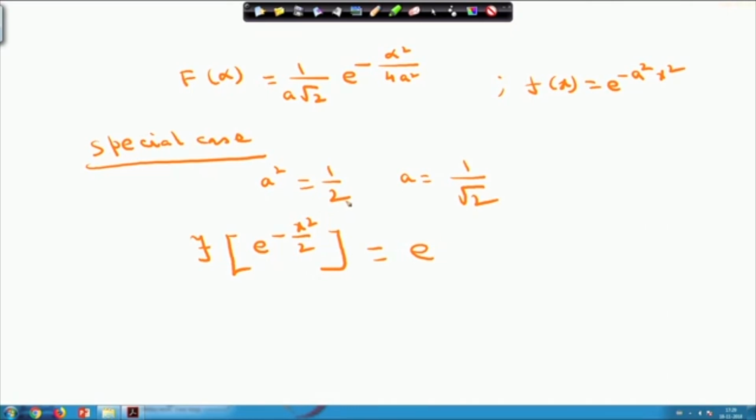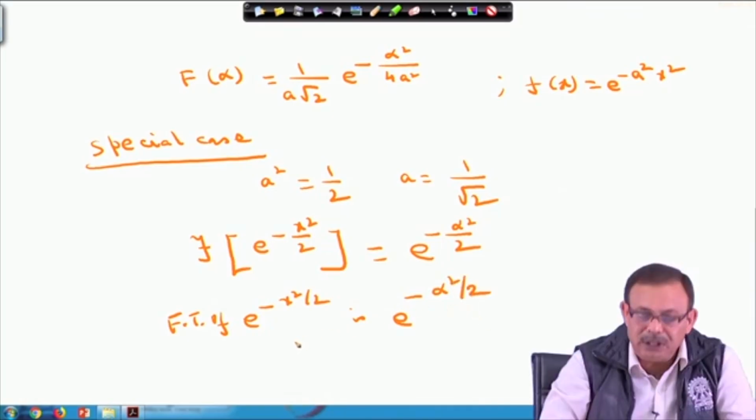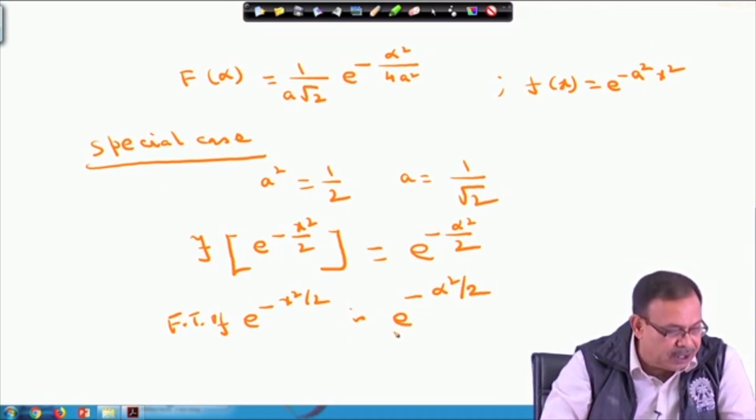In that case, you will obtain this value as 4 into 1/2, so that it will be α²/2. Therefore, you can tell that the Fourier transform of e^(-x²/2) is nothing but e^(-α²/2). So, that means what is this? It is nothing but the function itself.